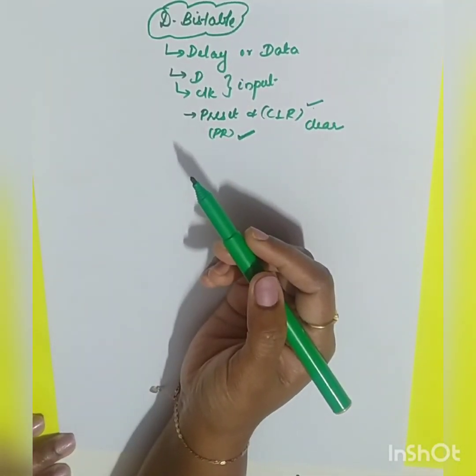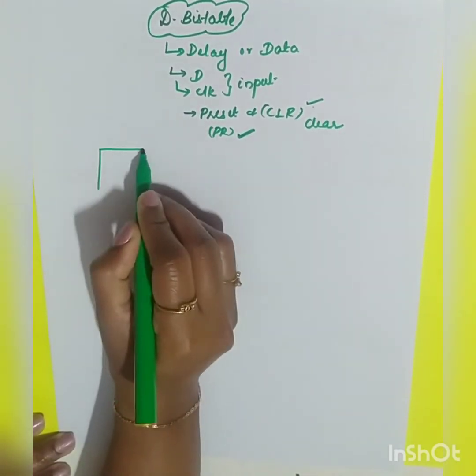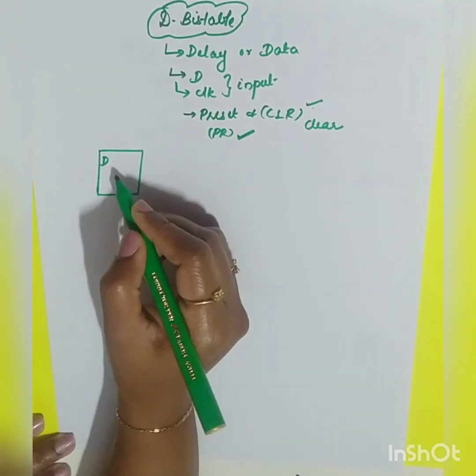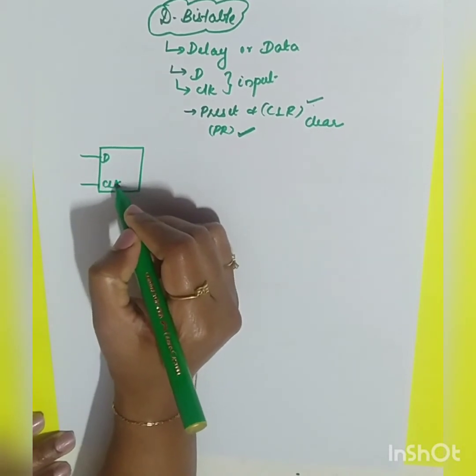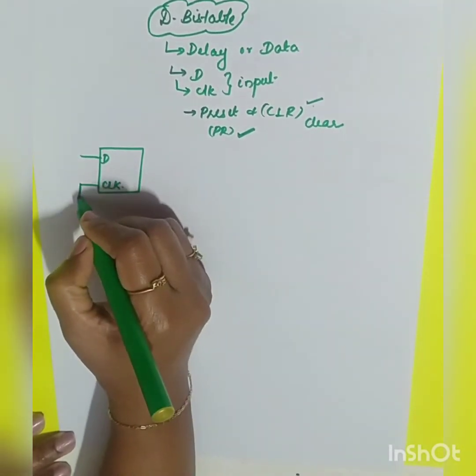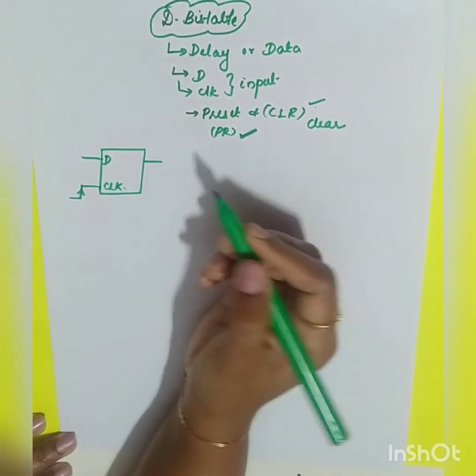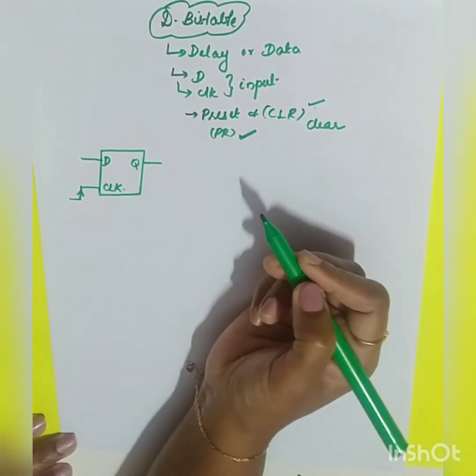Now I'll draw the structure or the symbol of your D flip-flop. It has two inputs. One is your D and the other one is called your clock. Here the clock is triggered during the rising edge and you have the output Q. So it is delay or data.